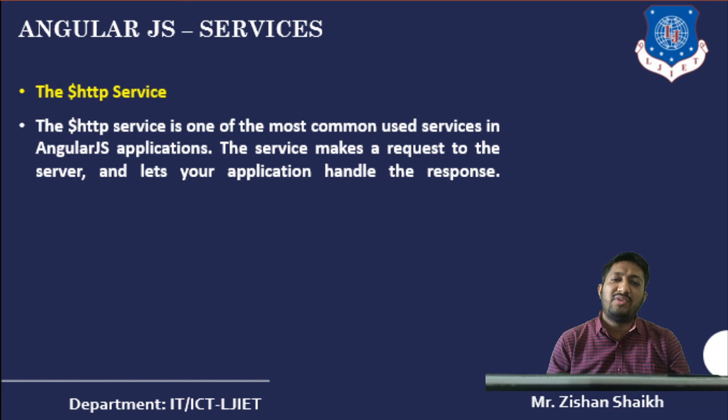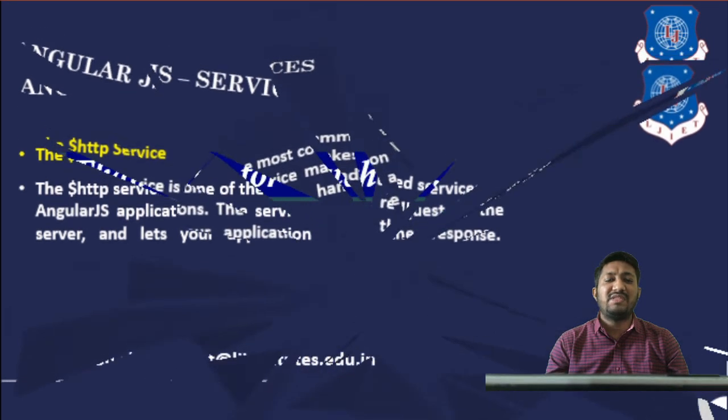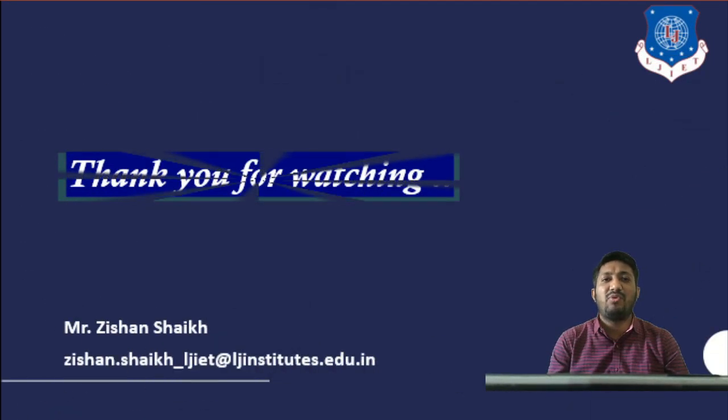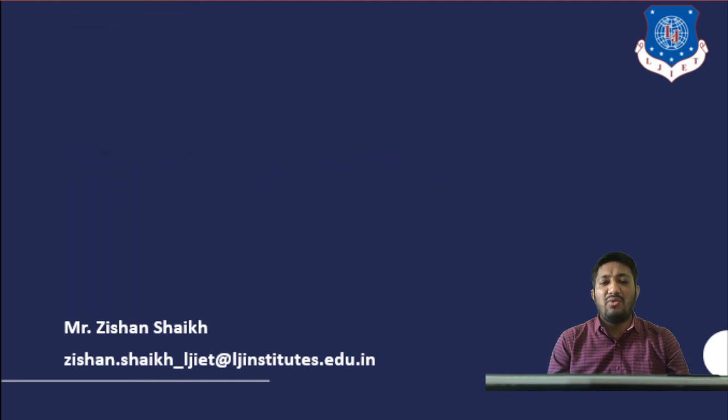According to that, if you want to perform many requests that use the methods of the HTTP protocol, that is the get method, post method, put method, delete method, all types of services are available through HTTP. So this is the basic idea of the services provided by AngularJS.